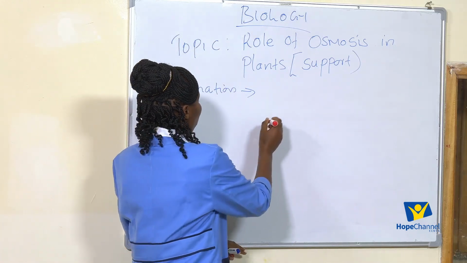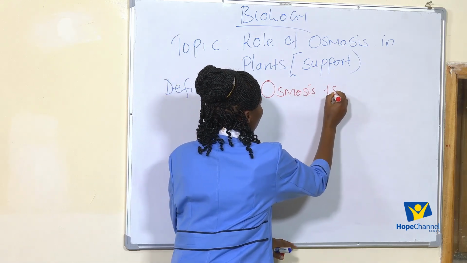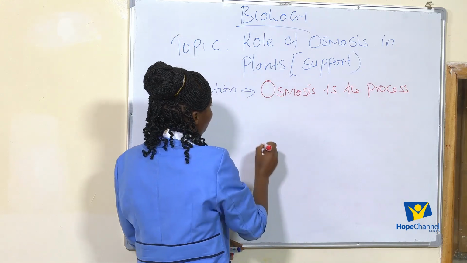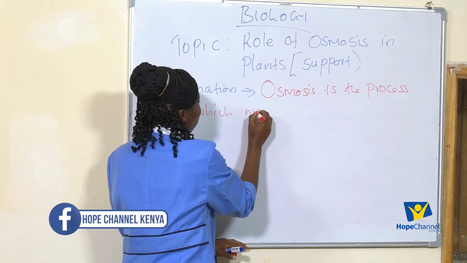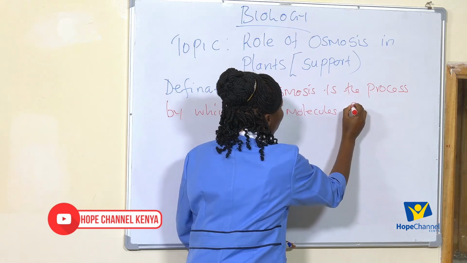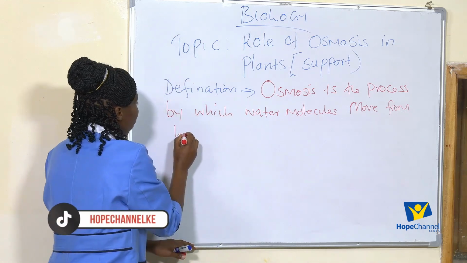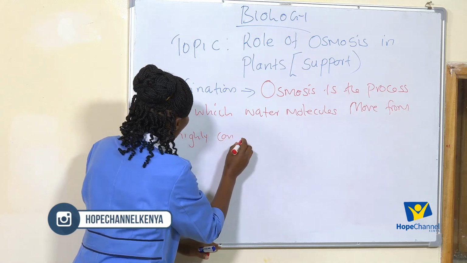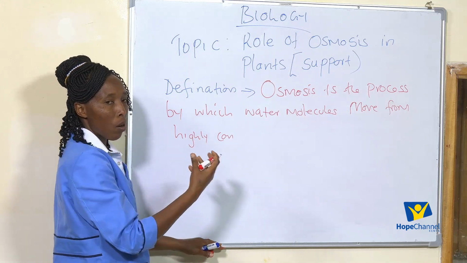So, if I was to define osmosis, I'll say osmosis is the process by which water molecules move from a region where there is a high concentration of water molecules.